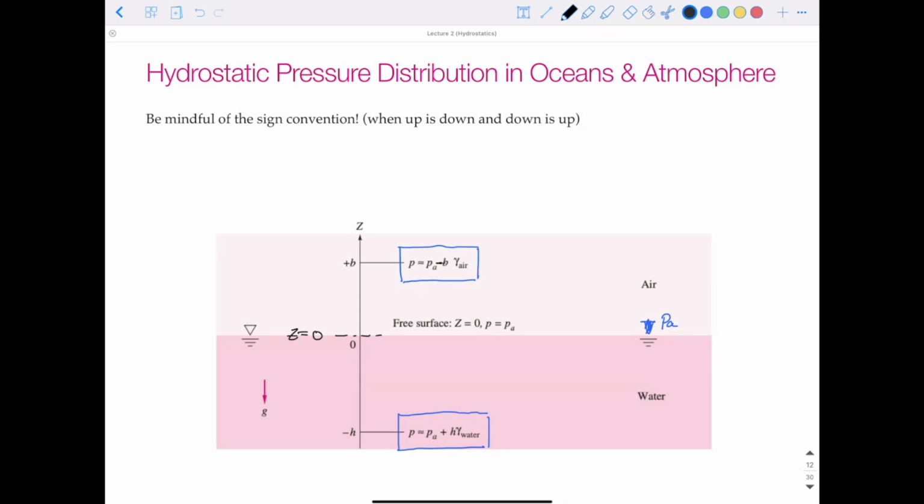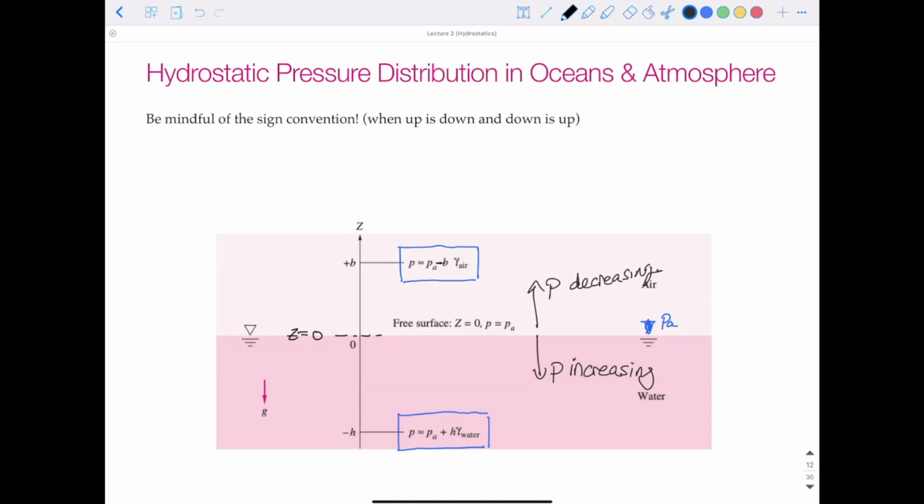So just think of it this way. Whatever you choose for your value, choose z equal to 0 as your reference. That's always going to be the free surface, or the surface of your liquid, where liquid and air meet. And whatever equation you choose to use, just know that pressure is increasing as we go down and pressure is decreasing as we go up.